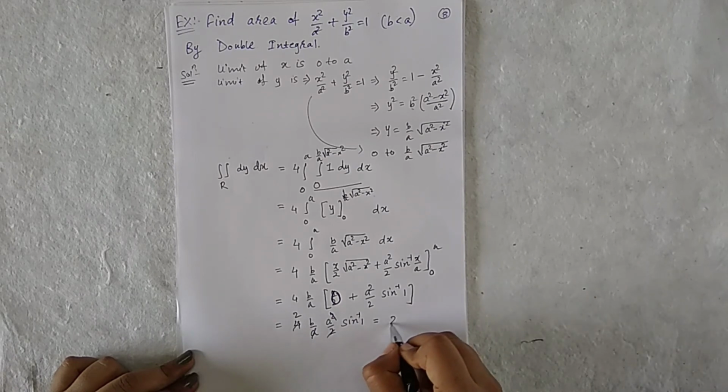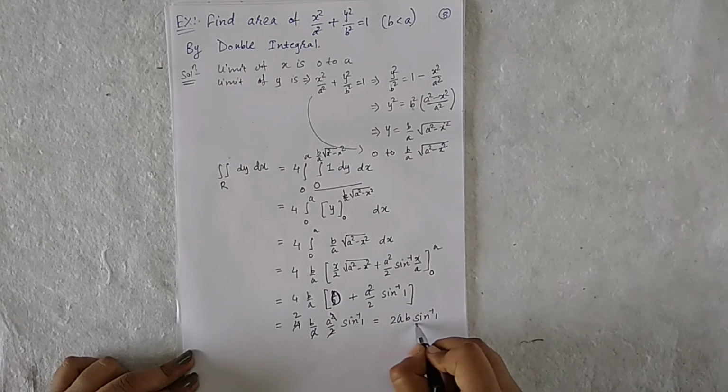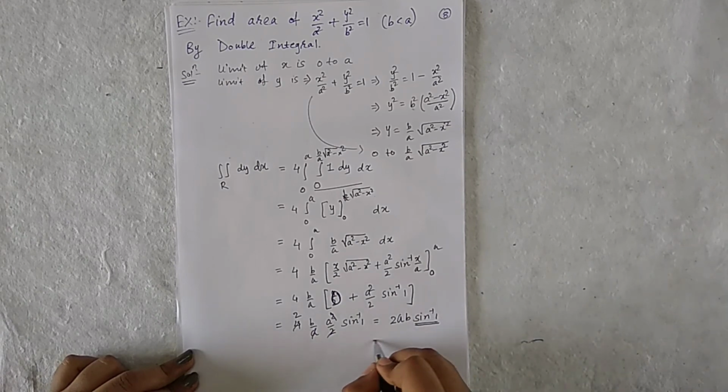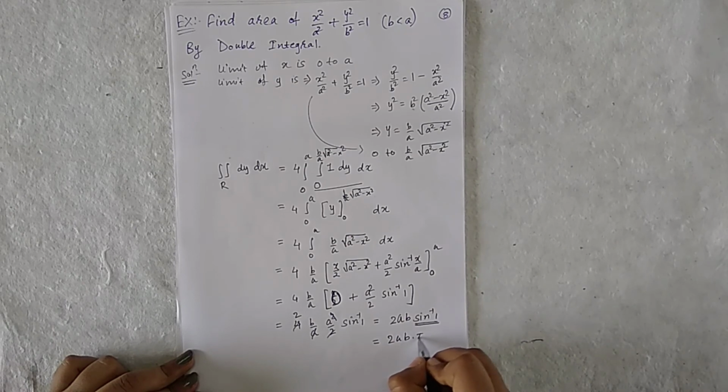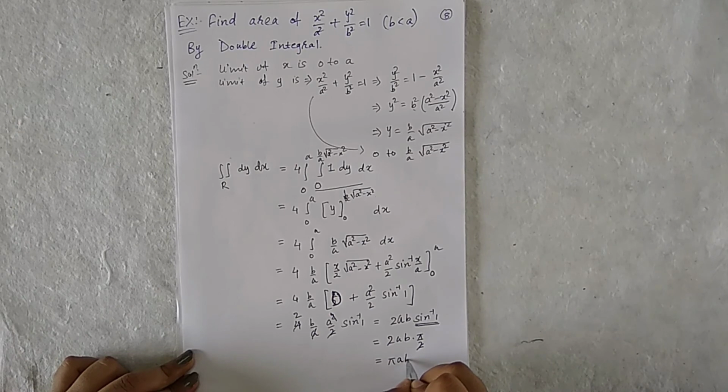So finally it becomes 2ab sine inverse 1, but the value of sine inverse 1 is what? Pi by 2. So 2ab into pi by 2, the 2 gets cancelled, and pi ab is the answer. Thank you.